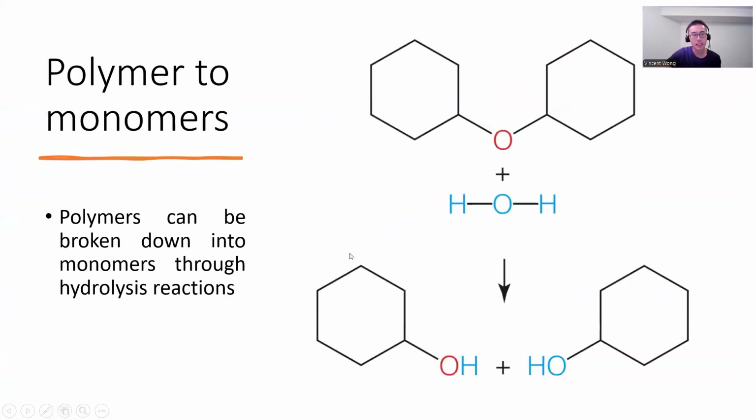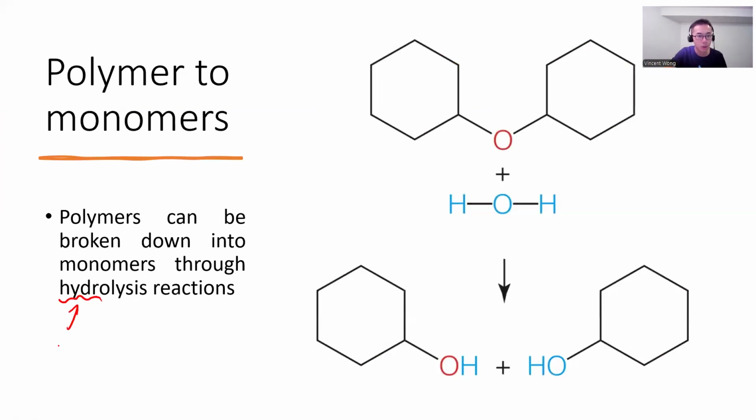The opposite is to convert from a polymer back into a monomer, and you will need to do that if you are trying to digest your food. When you eat your pasta, rice, bread, those carbohydrates that you consume are long chains of carbohydrates, and you need to add water to break them down. The process is called hydrolysis.